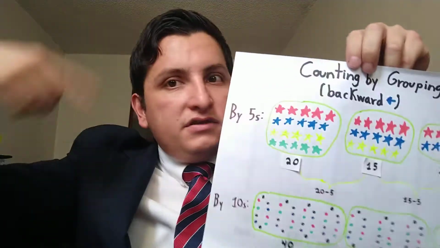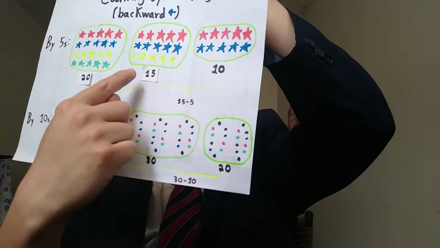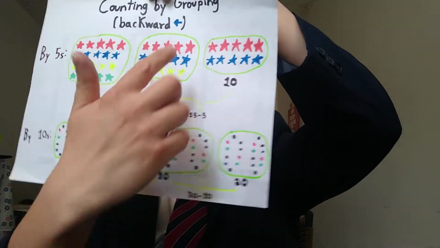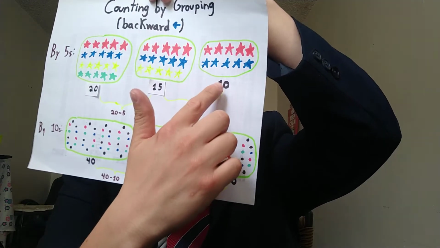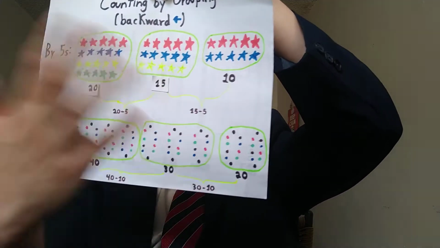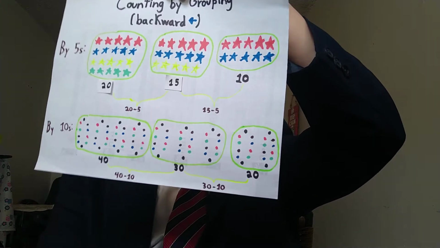Yes? We're not counting forward. We're not getting bigger numbers. We're getting smaller numbers. Yes? And we must go back 5 more. 5, 10. That's why we have the number 10 here. And it represents the operation 15 minus 5.